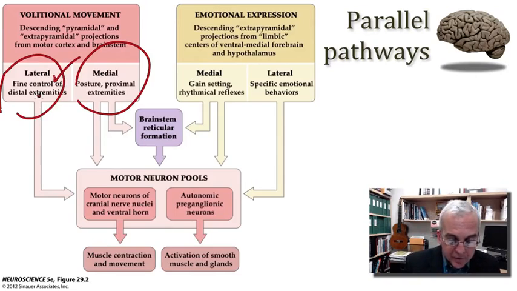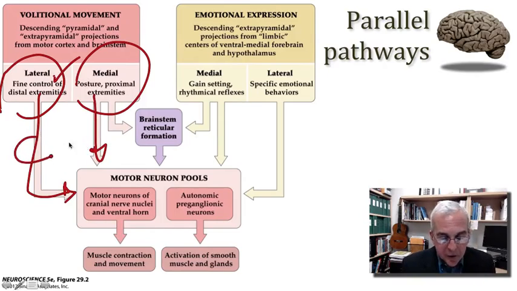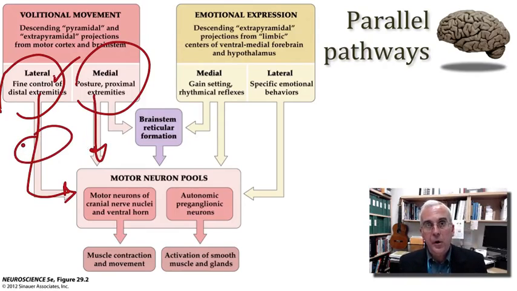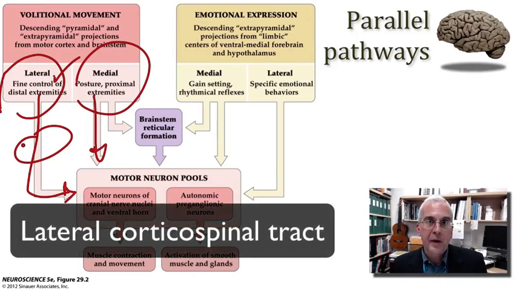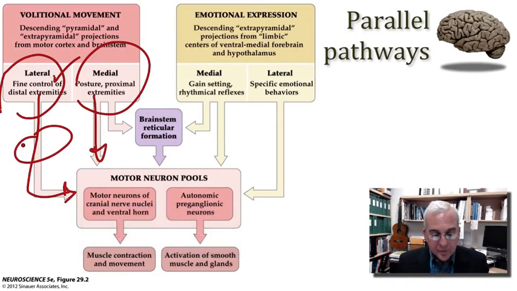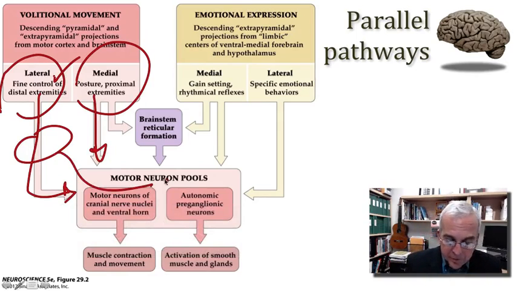Now, there are lateral and medial pathways. The lateral pathways are primarily associated with a major projection from the cortex to the spinal cord that we call the lateral corticospinal tract. And this is a collection of axons that, as it runs through the brainstem, and specifically in the medulla, forms a structure that we call the medullary pyramid. So for this reason, we call this pathway the pyramidal pathway.